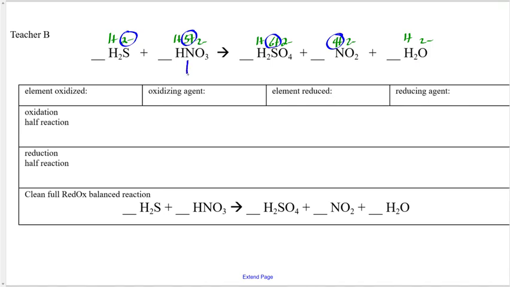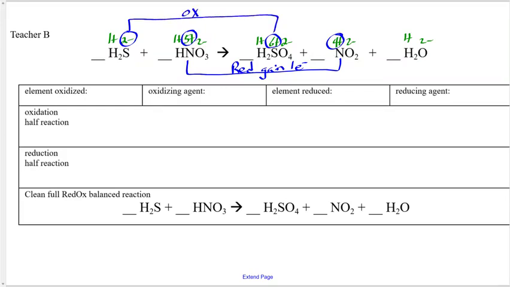The nitrogen goes from a 5 positive to a 4 positive. I write reduced. Reduction is the gain of electrons. So reduction, gain, and it gained 1 electron to go from a 5 positive to a 4 positive. Then I do the other one that I circled. That must be my oxidation.